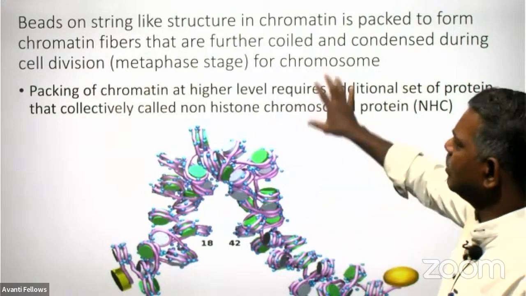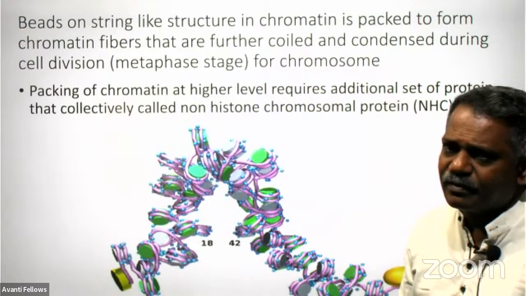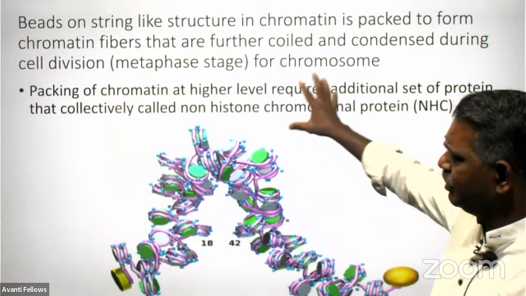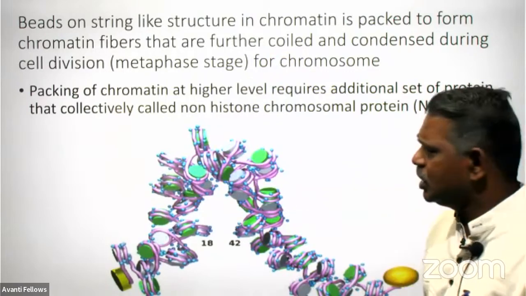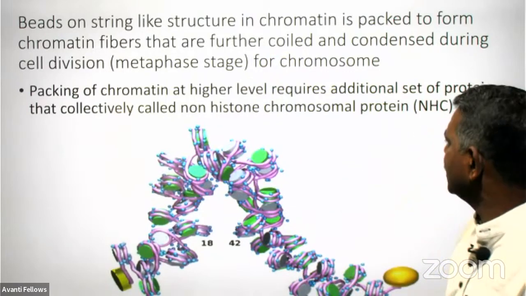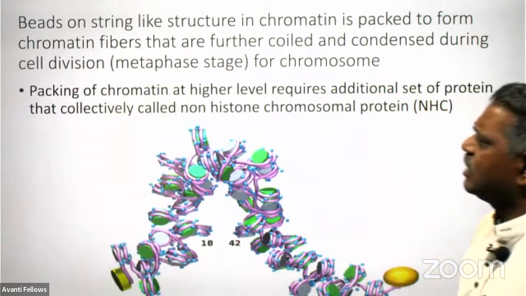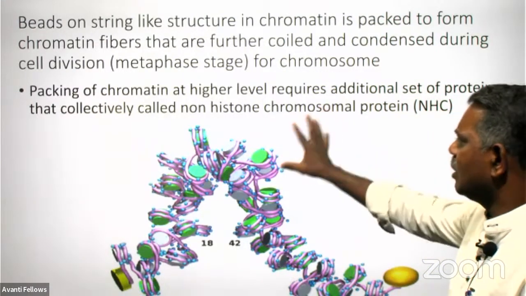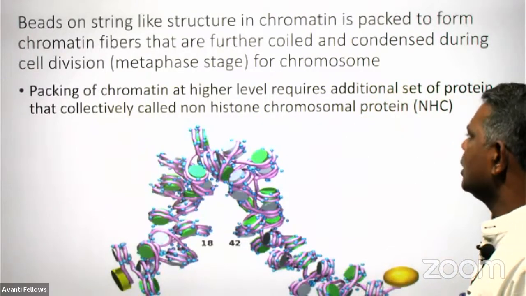So packing of chromatin at a higher level requires an additional set of proteins. Now, we discussed only the histone protein, because it is positive in charge, but a higher level of packing requires another set of proteins, and collectively we call them the non-histone proteins, which are also there in the chromosome.